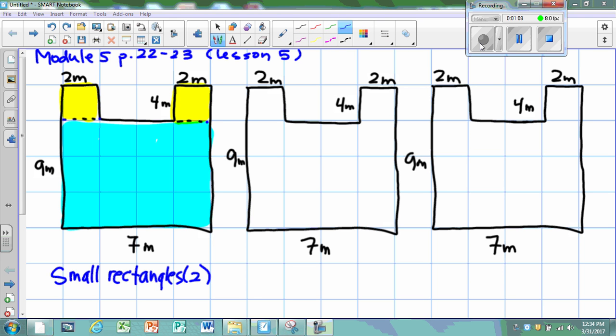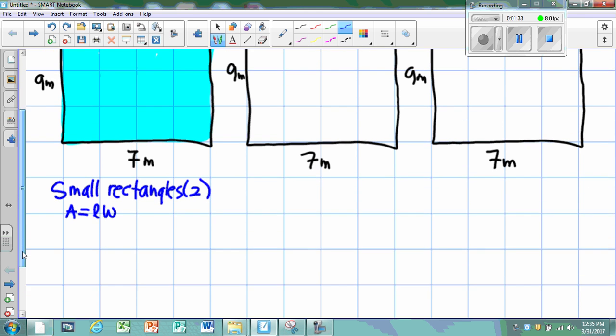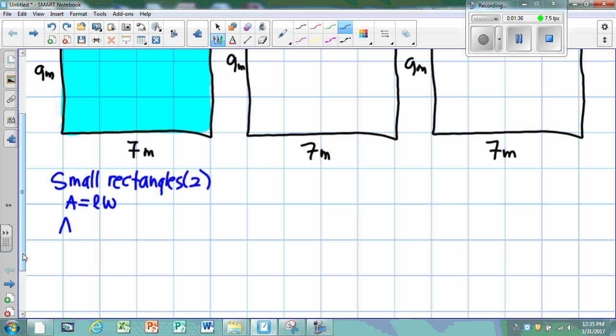If we take a look at the small rectangles, the area is going to equal the length times the width. And so we've got 2 meters times 4 meters. Those are the dimensions of those two shapes. So area is length times width.